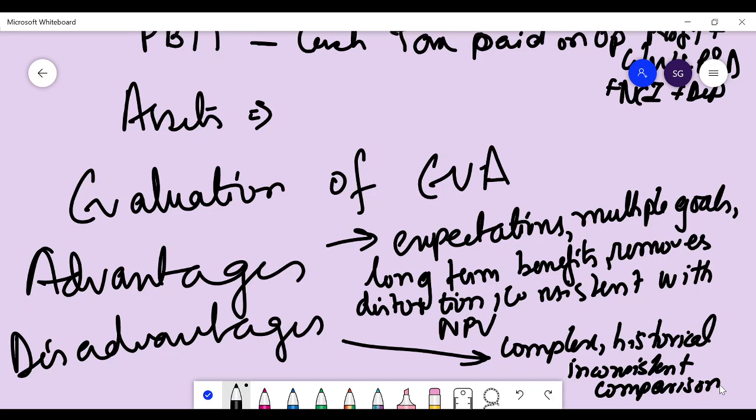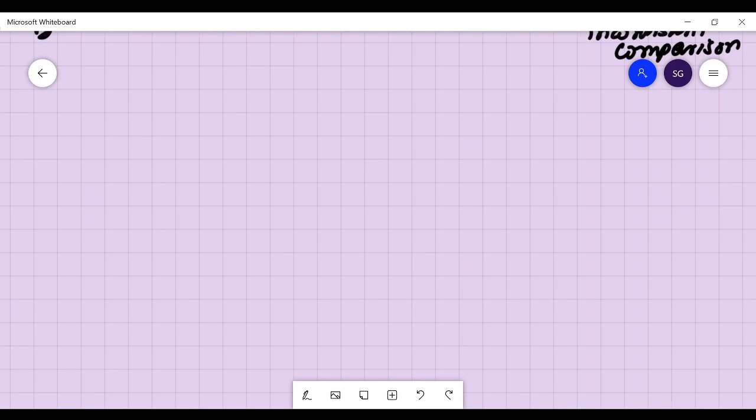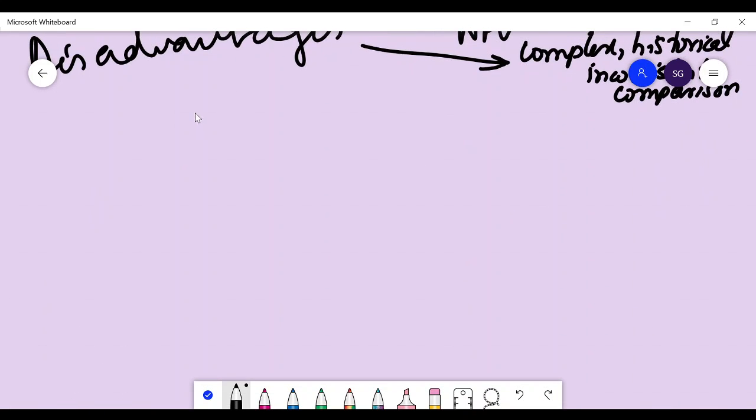Next topic that we have is transfer pricing.